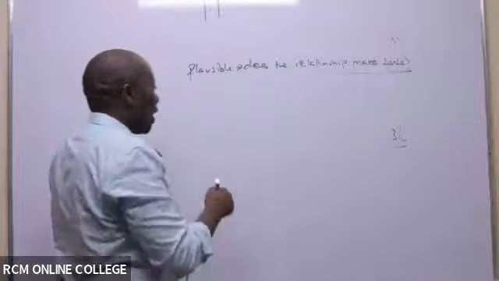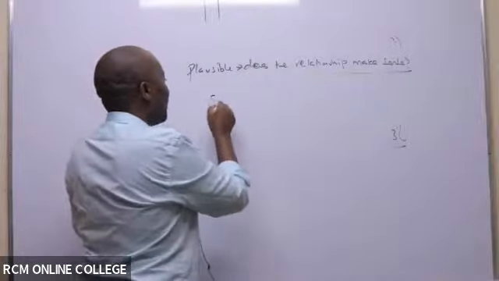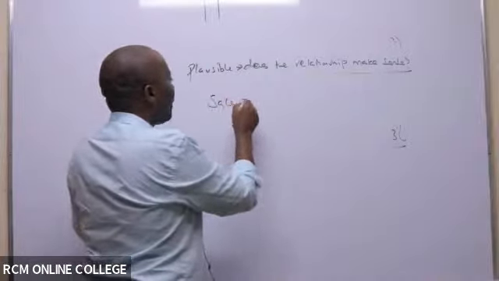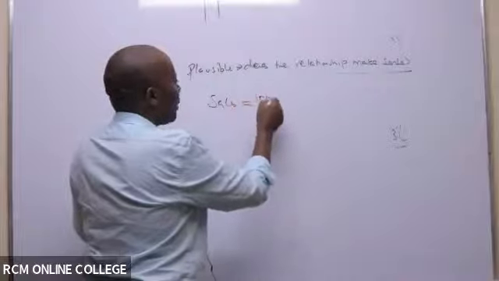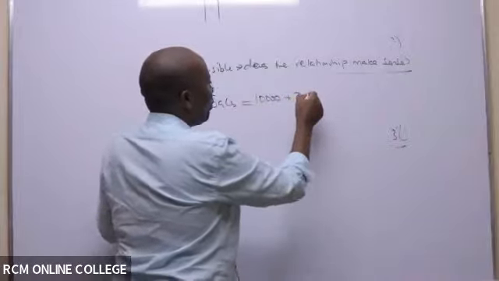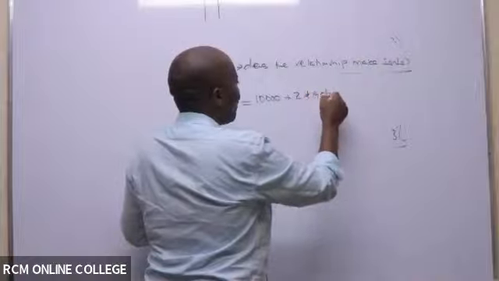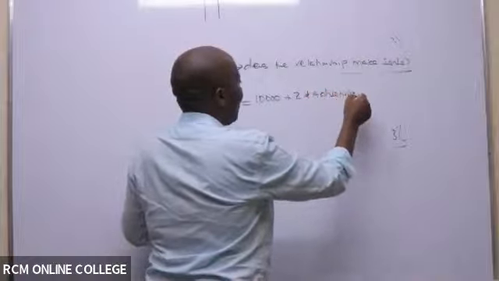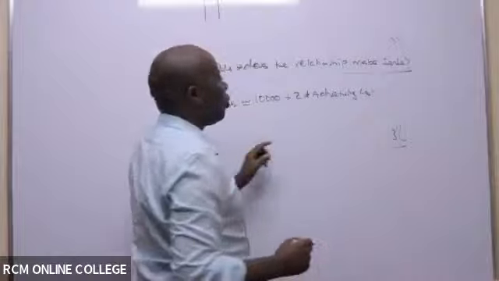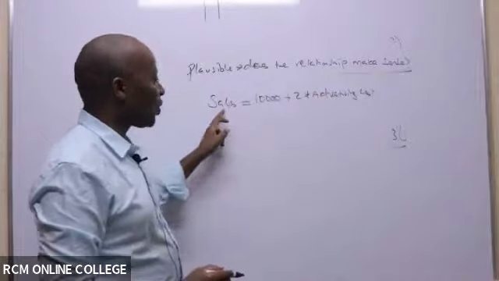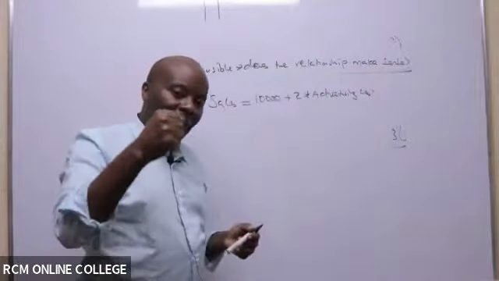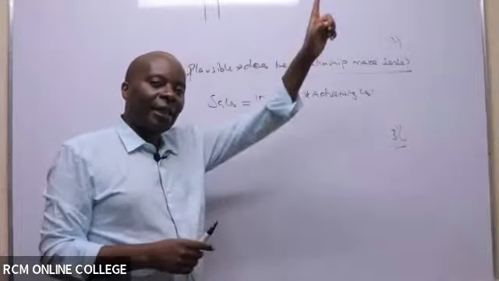As a researcher, if, for example, I have here sales equals 10,000 plus 2 times advertising cost, what do you know about advertising cost versus sales? The more we advertise, the higher the sales should be.